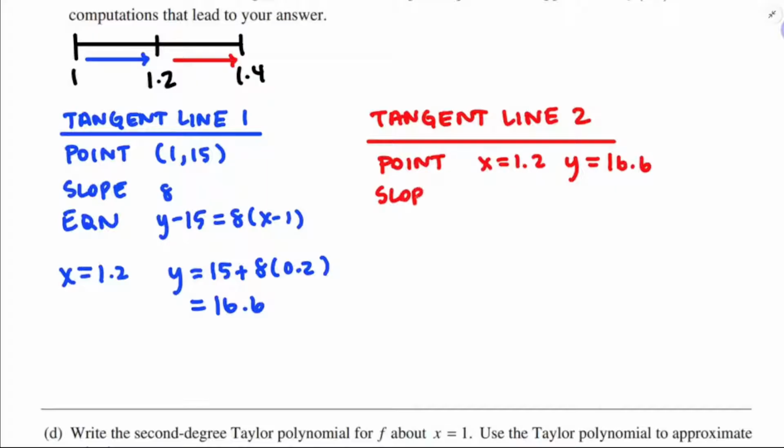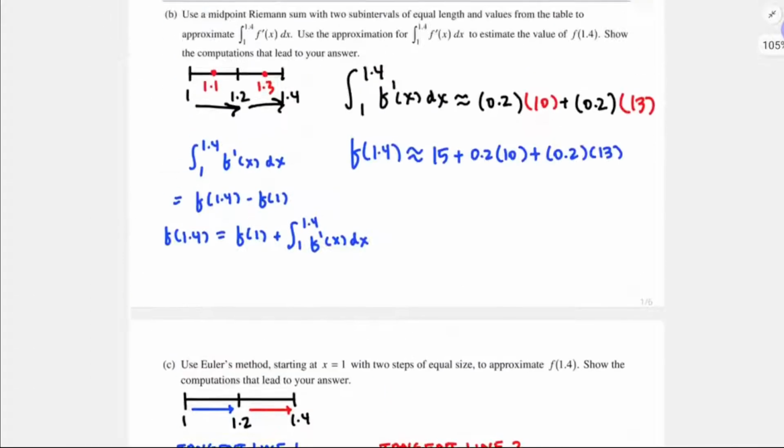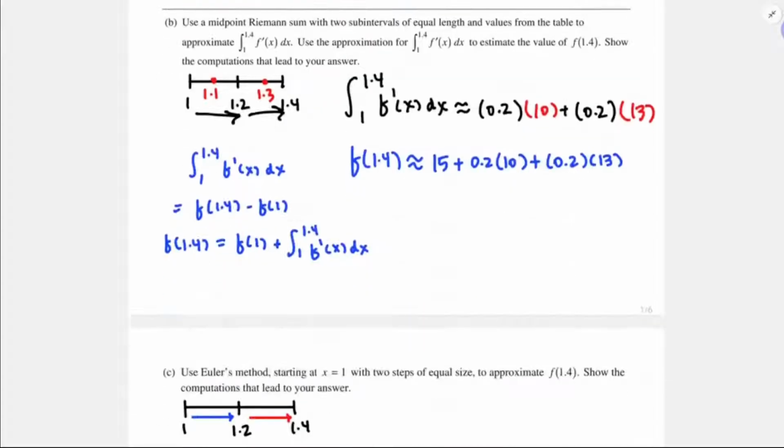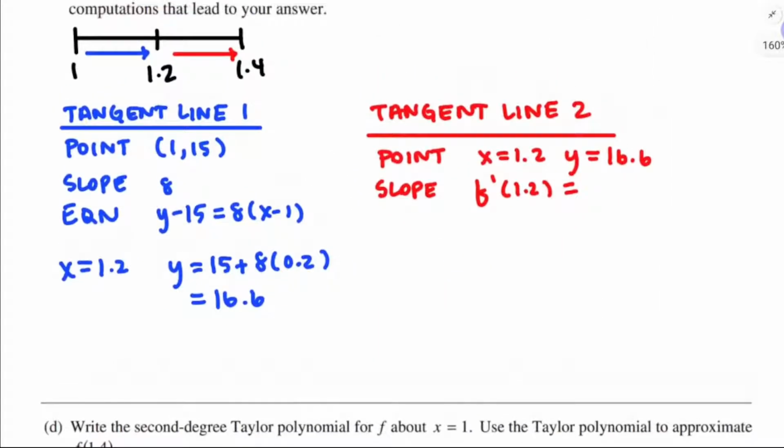Slope, I'm going to need the value of f prime of 1.2, but I've got that in the table, I'm pretty sure. Right? F prime of 1.2 is 12. Okay, so I'll write my equation for my second tangent line, y minus 16.6 equals 12 times x minus 1.2.